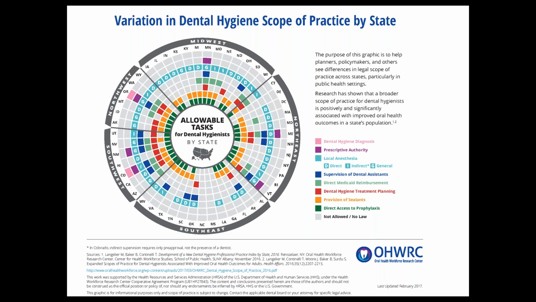I think dental hygiene is really well poised to become, and they already are, really important members of the oral health team. But what do we need to do to go further? What do we need to do to increase the number of RDHAPs, the number of New York dental hygienists in collaborative practice? How do we spread this?